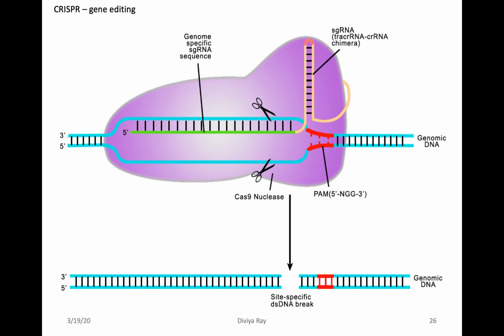This undergoes complementary base pairing with one of the two strands of the target site, and it does so to the left of the 5' end of a sequence called the PAM site.